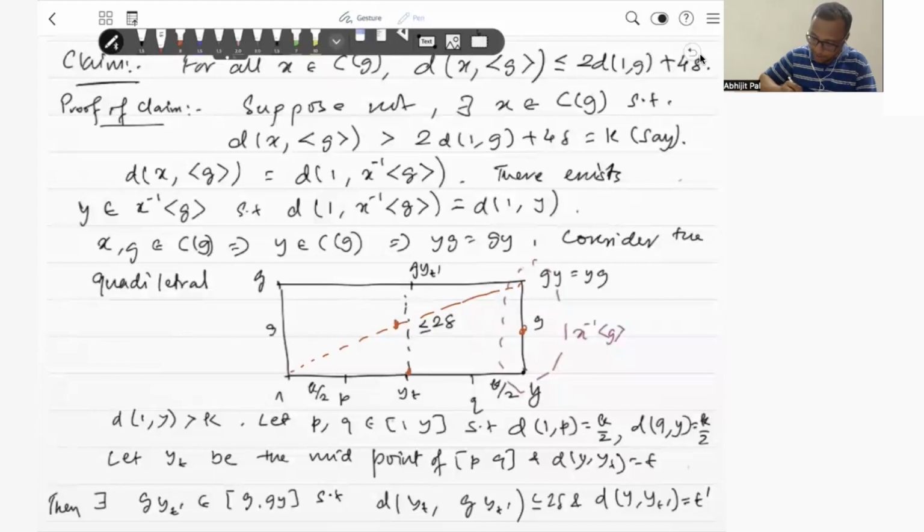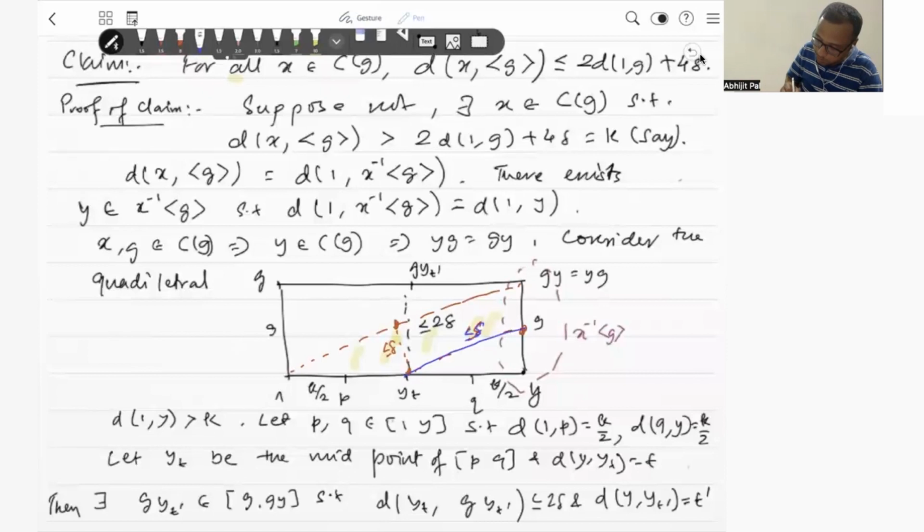So I'm taking this triangle 1, y, gy, and we know this triangle to be delta slim. So either this distance will be less than or equal to delta, or this distance will be less than or equal to delta.